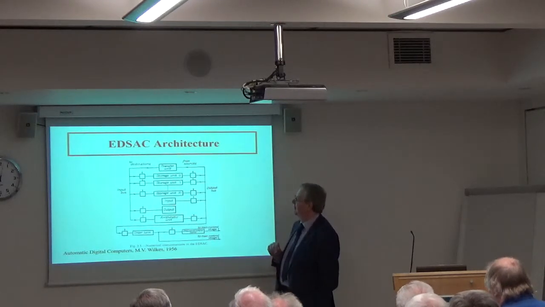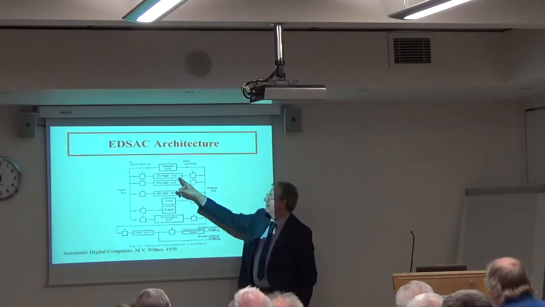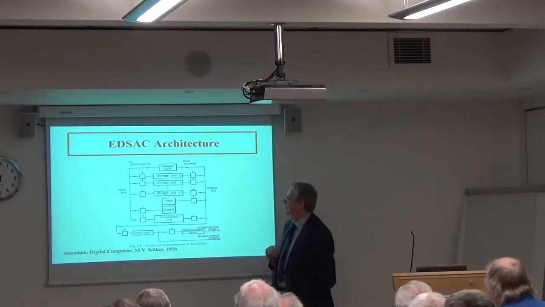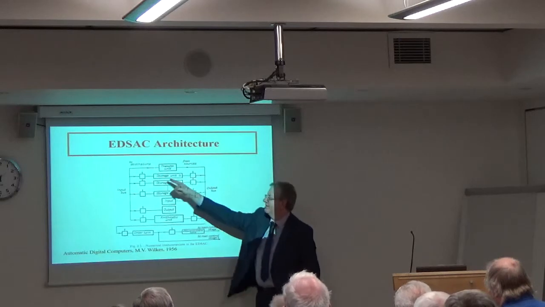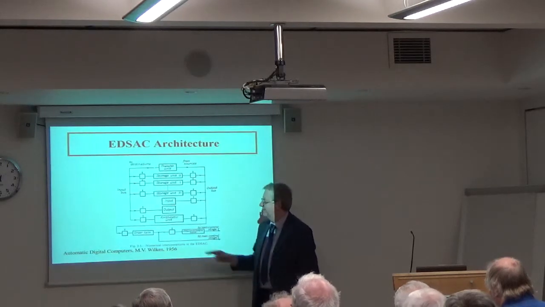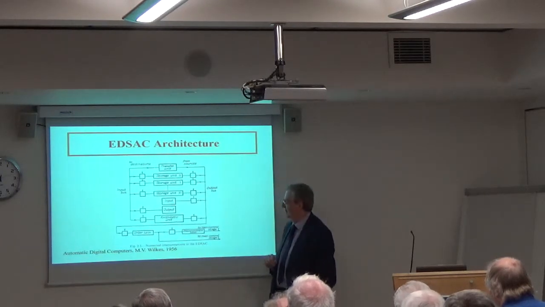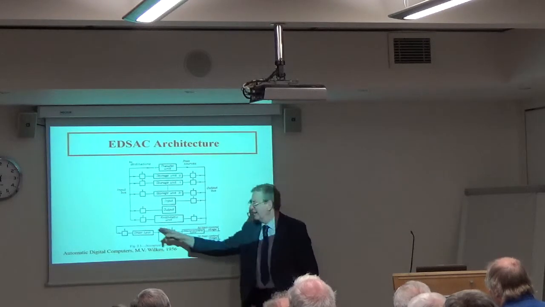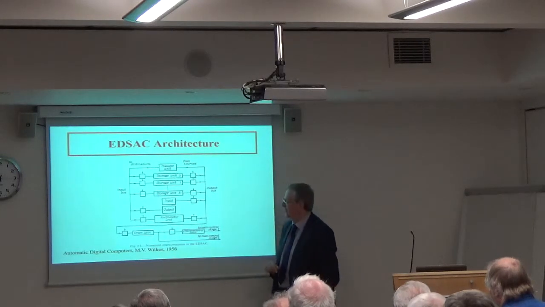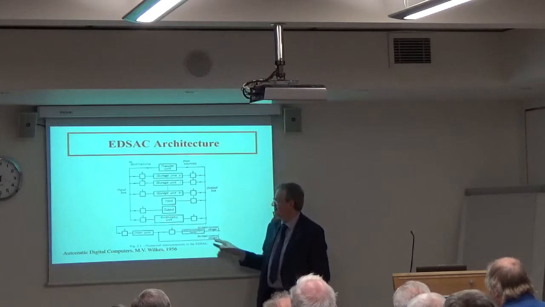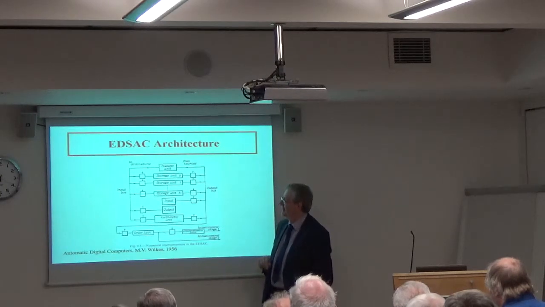But essentially, the flow is, there are delay line stores, tanks of mercury. Instructions are pulled out of those and go into a machine called main control, where you have the current instruction or order, you have the sequence control tank or program counter that tells you where the next instruction is to come from.